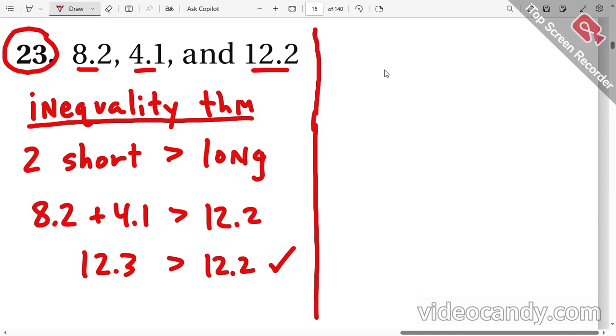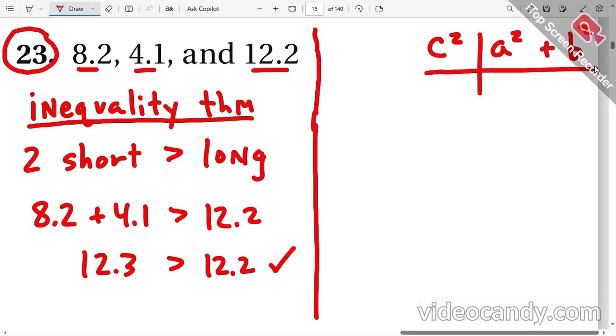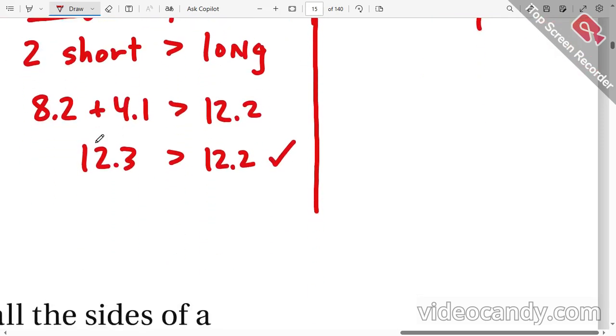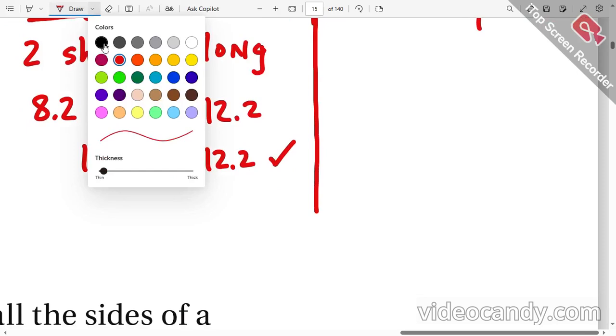All right, so as always, we're going to do c squared versus a squared plus b squared. So let's see if we square each side first. Let me see if I have room here. I'll do it down here.